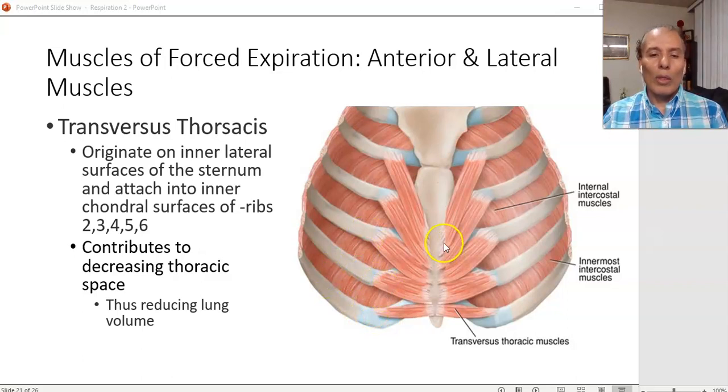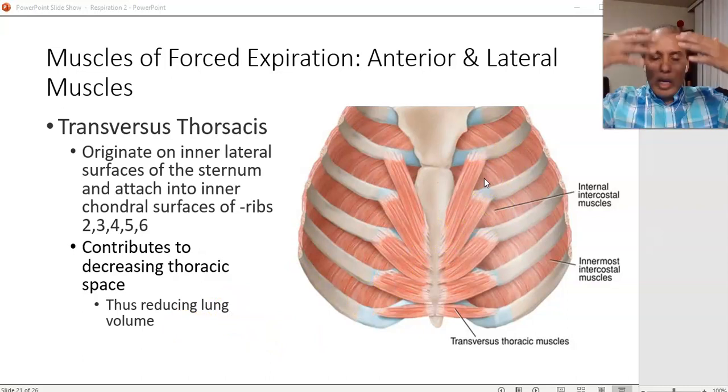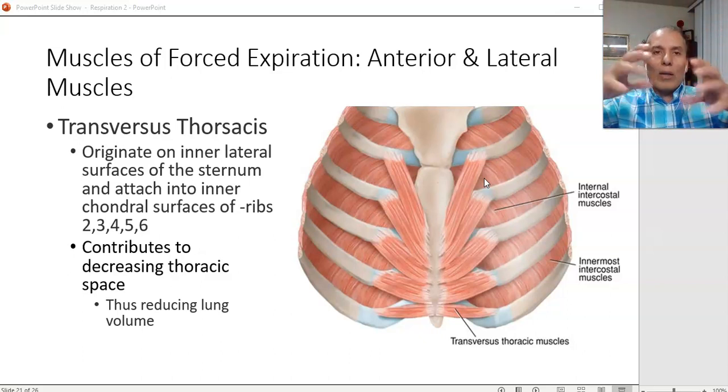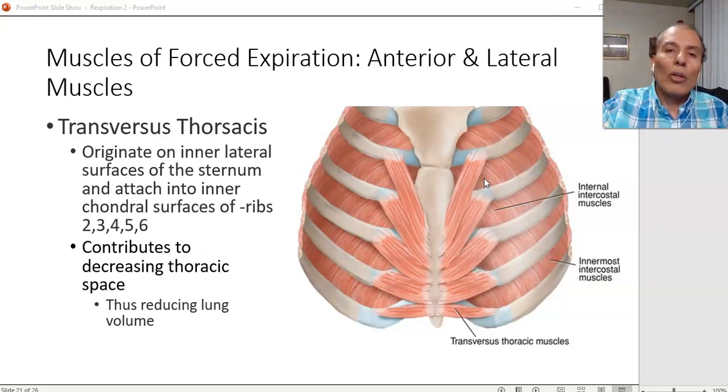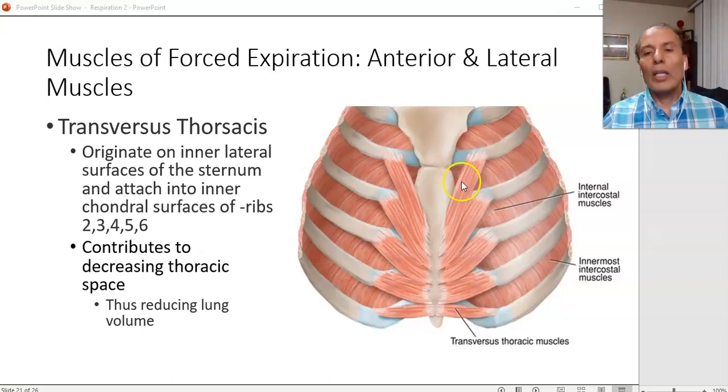So when they contract, they pull the anterior parts of the ribs and the cartilage segments in and down, and that basically reverses the job of the interchondral segment of the internal intercostals that lifted them during inhalation.